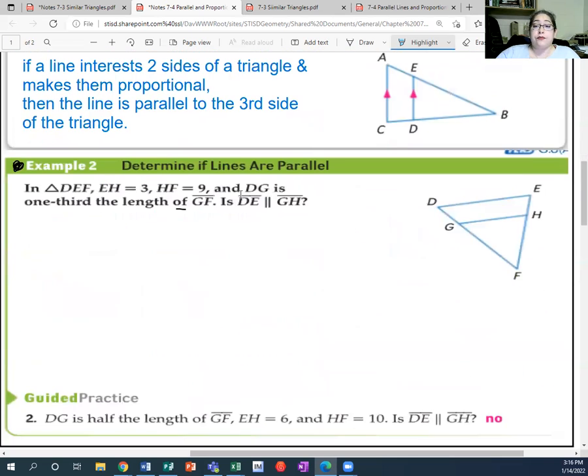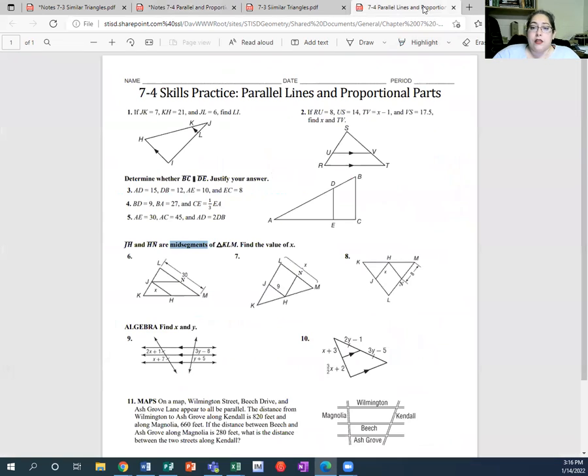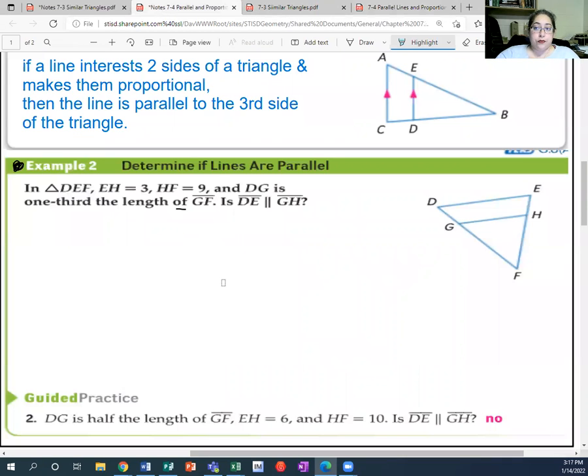All right. So let's look at example number 2. This is going to be like 3 through 5 also. In this example, we got told that in this triangle, EH is 3.